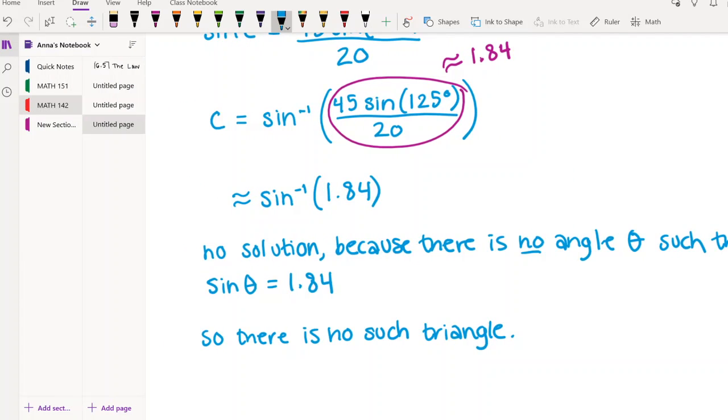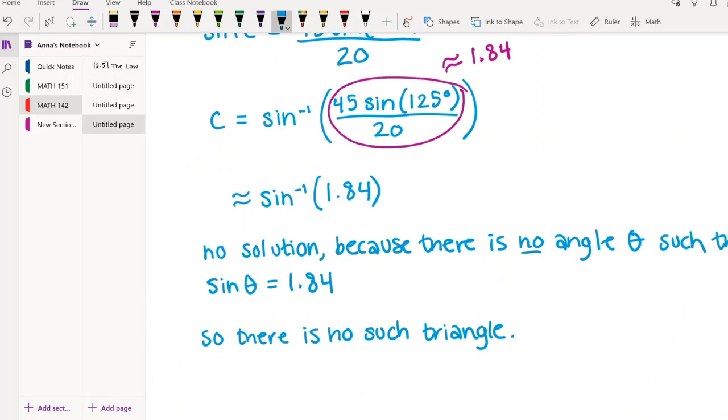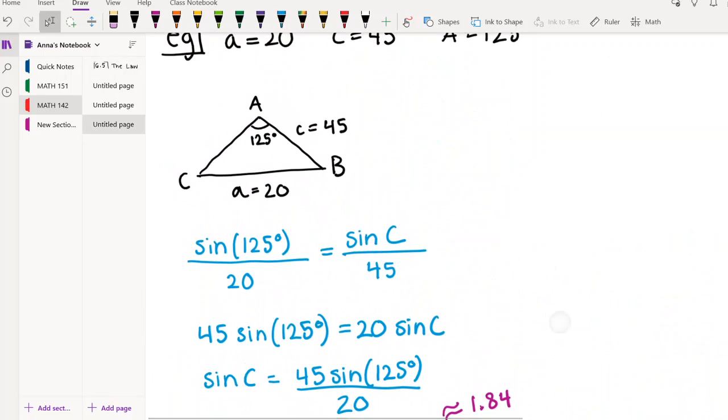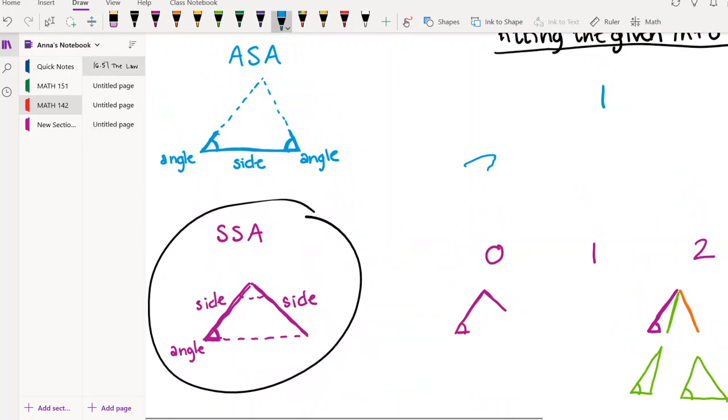So going back to what we wrote on the first page, we tried to draw a picture and I just kind of made up what it would look like, but apparently it actually looks more like this situation here, where one of the two given sides just isn't long enough to form the correct angle that the triangle is supposed to have.